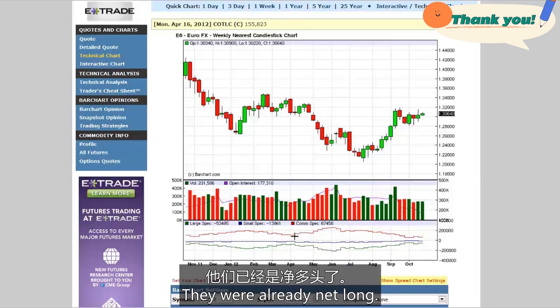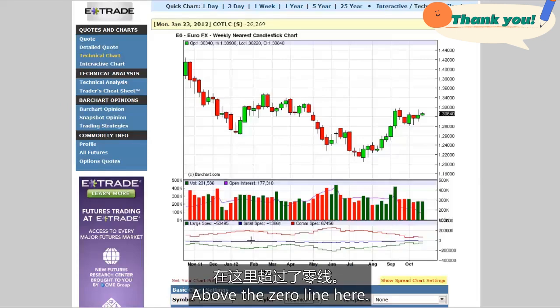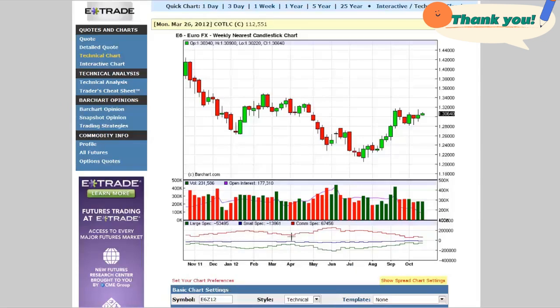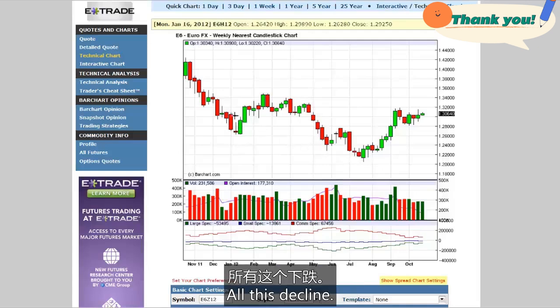They were already net long above the zero line here, so they were all along basically trying to catch this low here. So they were buying all this decline from this high down lower.